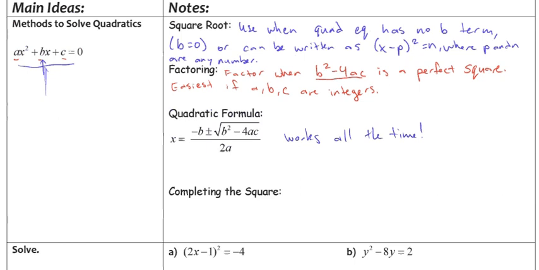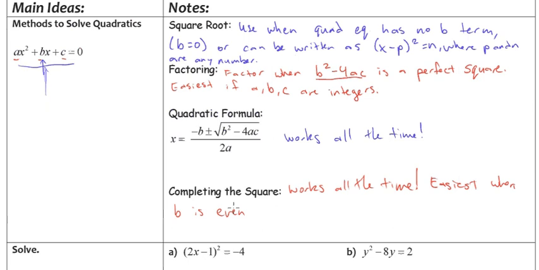Last one, completing the square, also works all the time. However, it's going to be easiest when b is even, because when you're completing the square, you divide b in half and then square that result.